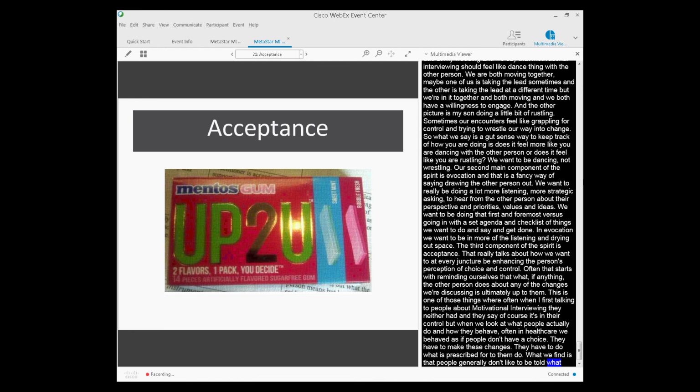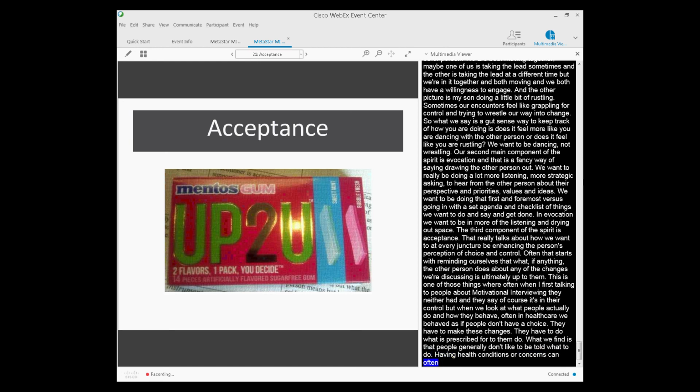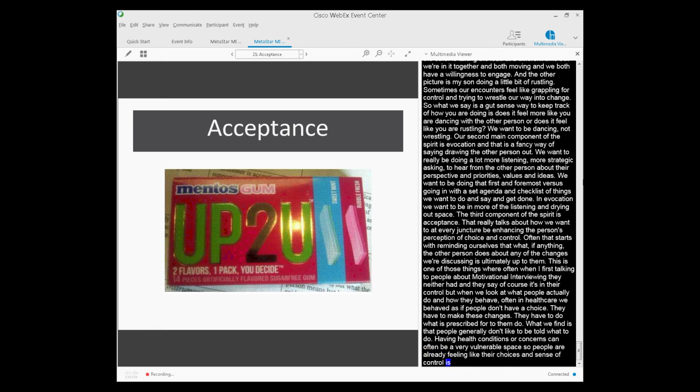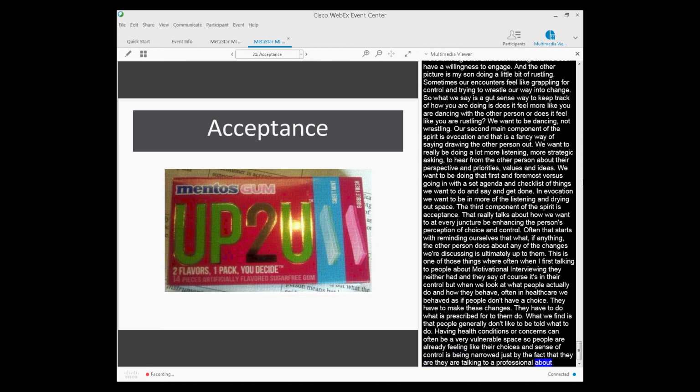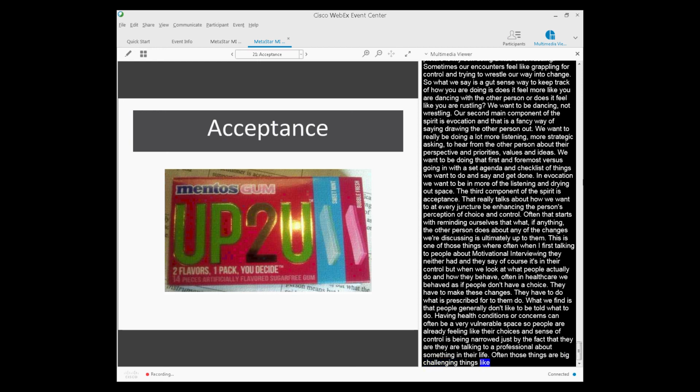Having health conditions or health concerns can often be a very vulnerable space, so people are already feeling like their choices and their sense of control is being narrowed just by the fact that they're there talking to a professional about something in their life, right? And often those things are big, challenging things like a chronic condition or an acute situation that needs to get resolved.